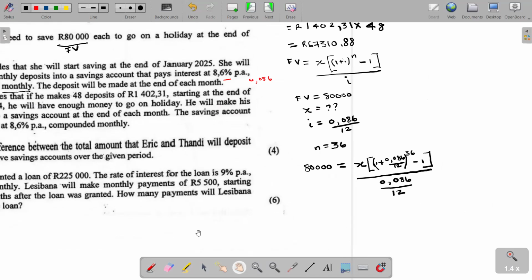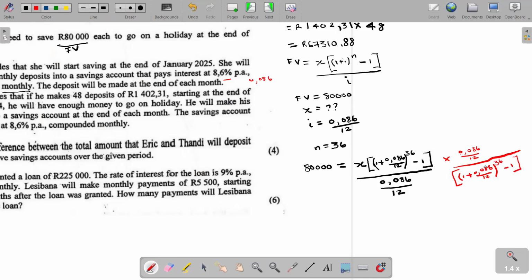Now, because we want to solve for x, we go both sides. We are going to multiply by the denominator, 0.086 over 12, divided by the numerator, which is 1 plus 0.086 over 12 to the power 36 minus 1.